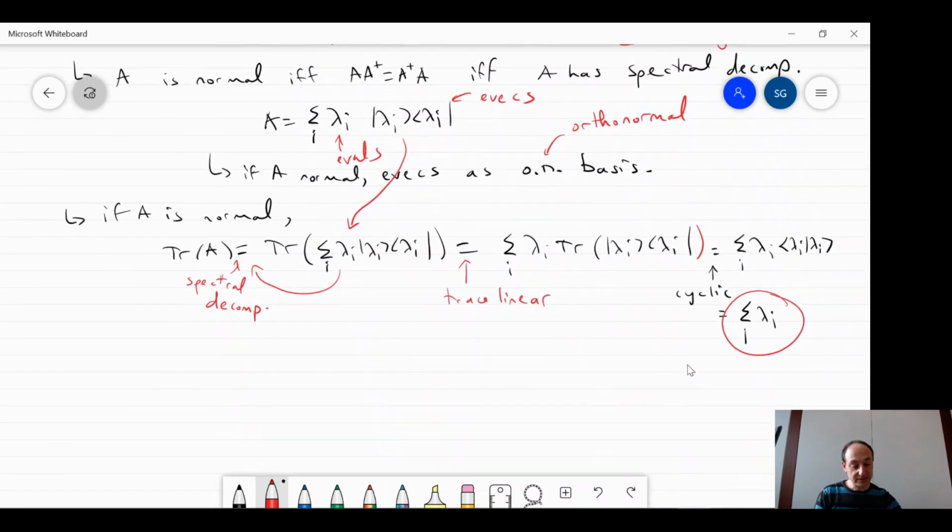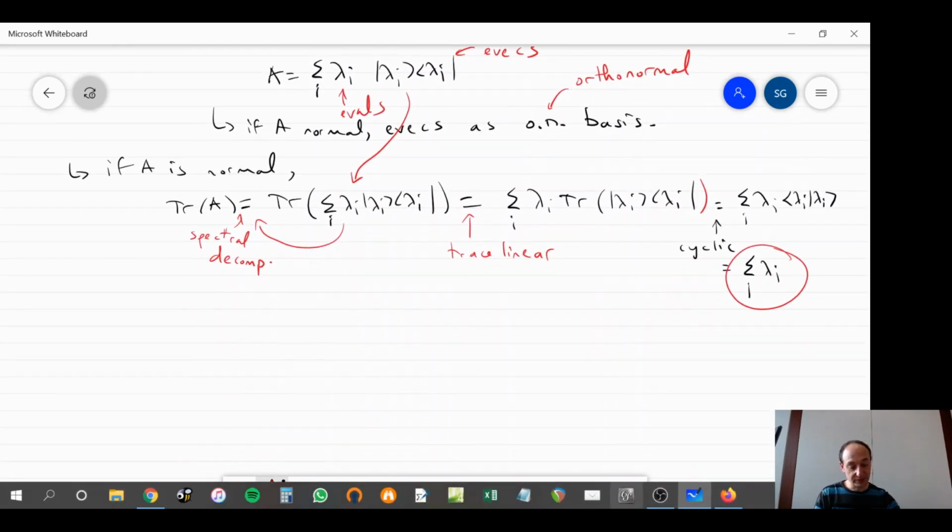Let me just state the next exercise because we'll use this all the time. But I won't do the exercise. Again, I'll let you do this. This is exercise 12 in the notes. So if A is diagonalizable, maybe let's make it a little bit easier.